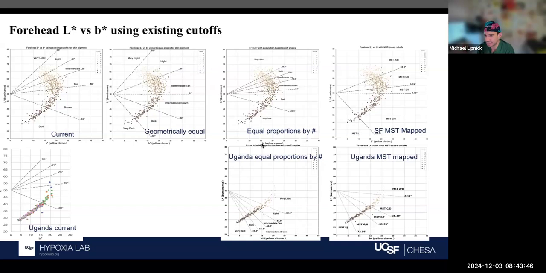That's what it looks like in San Francisco. But in Uganda, it looks very different. Binning by Fitzpatrick, I believe, and Dr. Delbino can correct me, was some of the original way that the far left column, the original scales, were derived: mapping to a subjective scale and characterizing skin pigment based on perception.